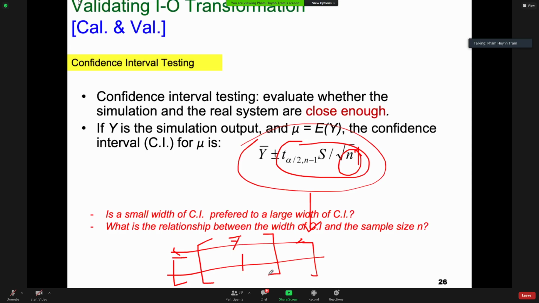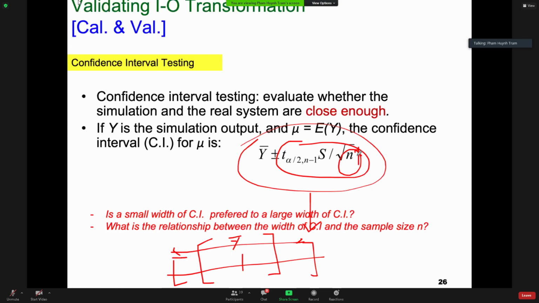Wow, that has no value to you because the range is too large. The estimation is too wide, right? So we prefer a small width of confidence interval. And if we want a small width of confidence interval, we need to have a high number of replications. Okay, so remember this basic relationship between the confidence interval and the sample size, or the number of replications in our case.